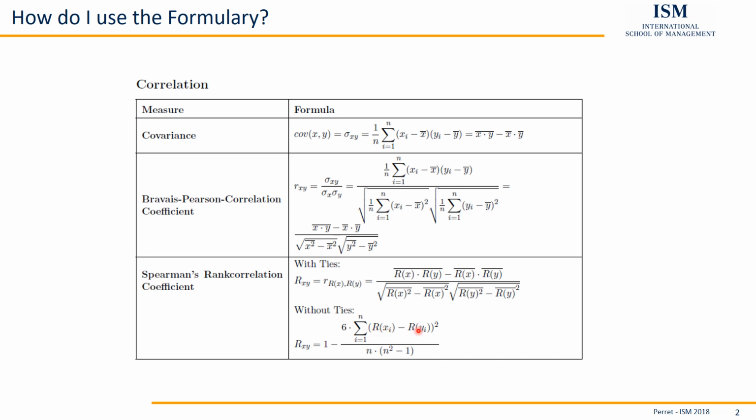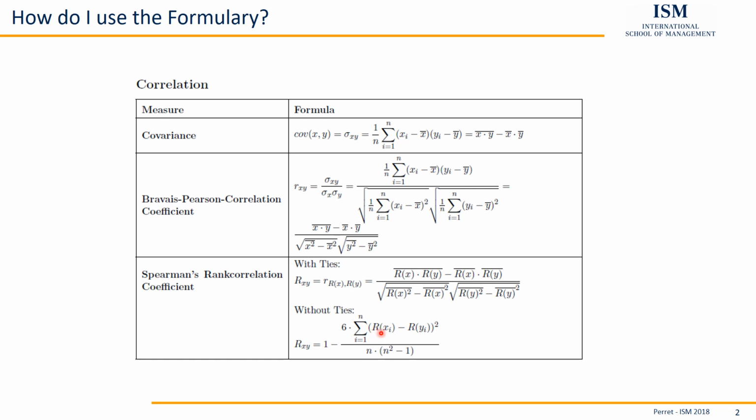But in the end, square differences between x and y, sum this up, multiply this with 6, and it's always 6, and then divide this by n times n squared minus 1. When you got this whole part, just subtract this from 1. So here, this just means sum up all the stuff after it.